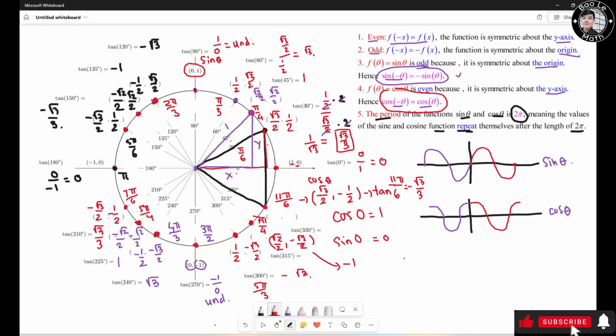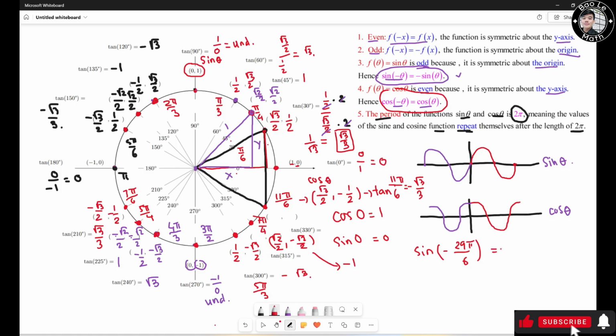Now let's take a look at the next example. We need to find sine of negative 29 pi over 6. We need to split negative 29 pi so that we can rewrite negative 29 pi over 6 in terms of 2 pi.